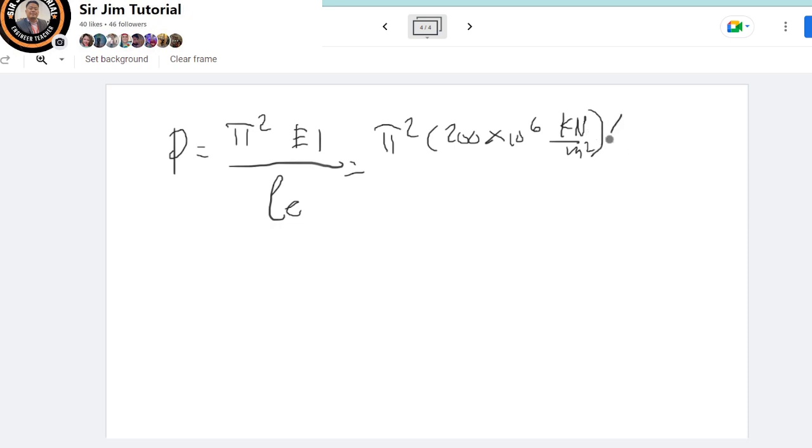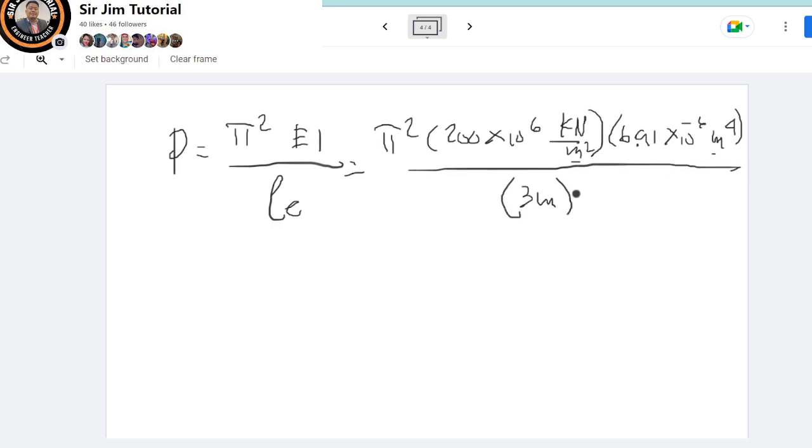And then you have here 6.91, the I that we calculated, times 10 to the negative 6 meter to the power 4. We see that we are consistent with the unit meter. And then our Le, which we identified earlier, is 3 meters, squared. So meter squared over meter squared, our answer will be in kilonewton.